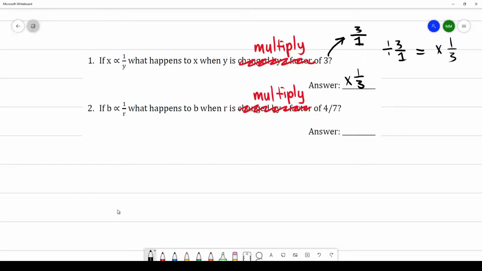B. Oh, divide by 4 over 7. Okay, so what is it multiplied by then? I want you to give me an answer in multiplication.